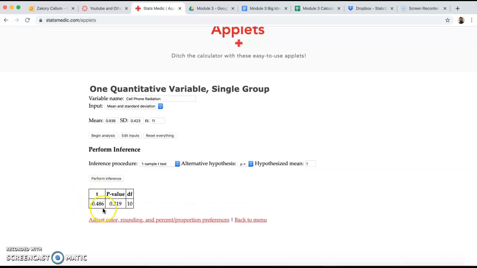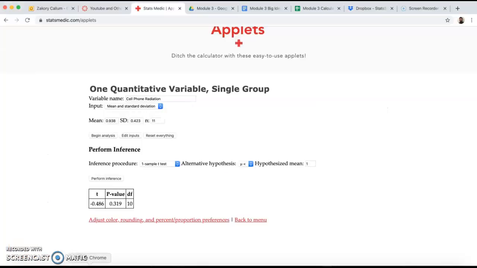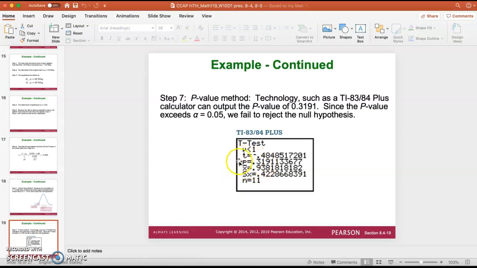Notice it gives me a t-value, or a t-score, of negative 0.486, which once we do some rounding, is about the same as this t-value here of negative 0.48485, and so on. And it gives me a p-value of 0.319, which is also pretty close to this p-value of about 0.319.